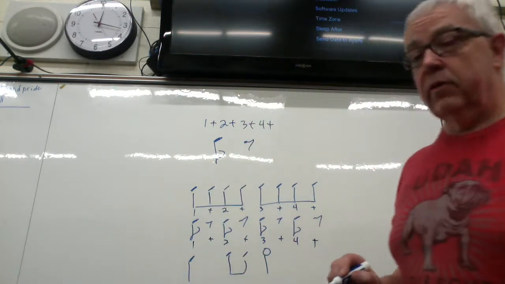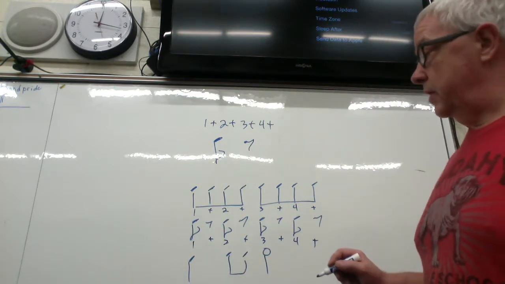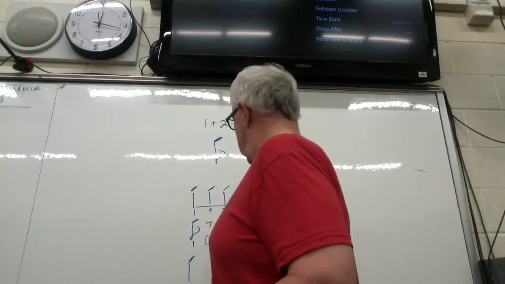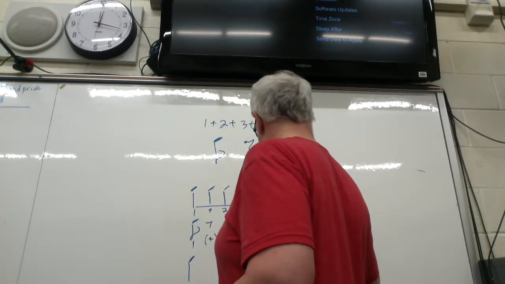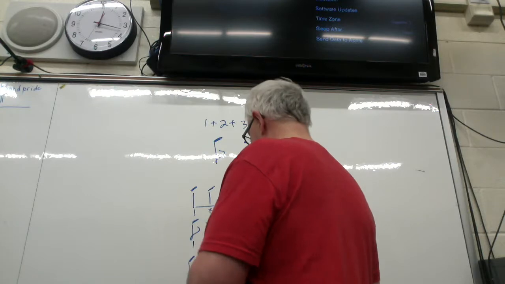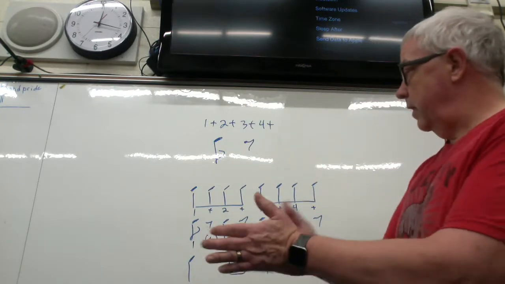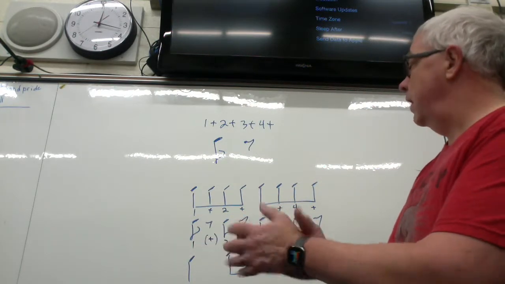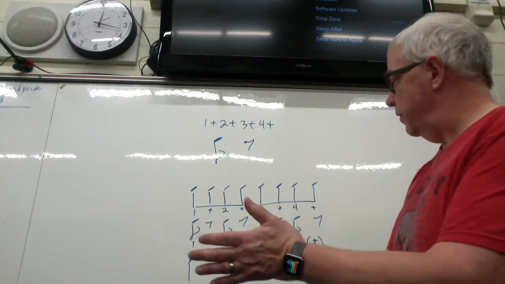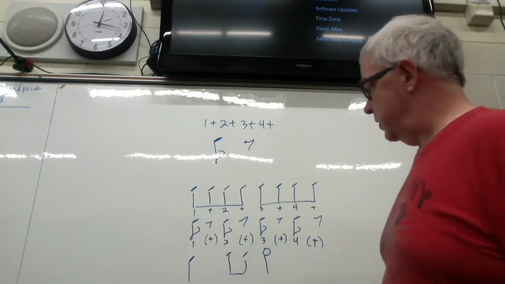Pretty easy. Hopefully you're watching this right now and going, he's not done. You're right. So top one, easy, 1 and 2 and 3 and 4 and. Bottom one, 1 and 2 and 3 and 4 and. All the notes there are on the beat.